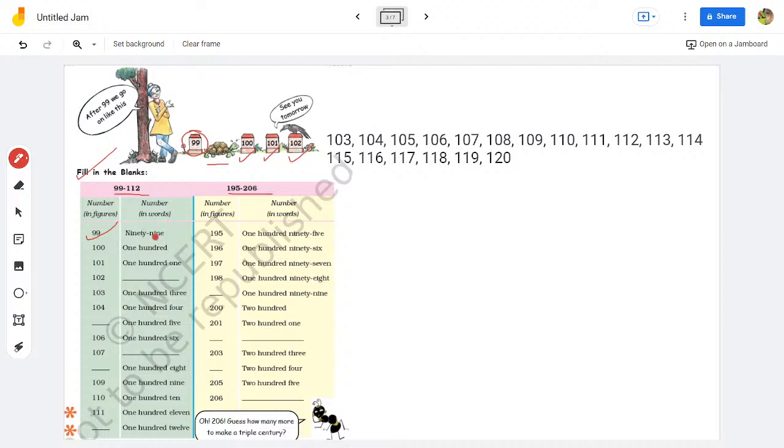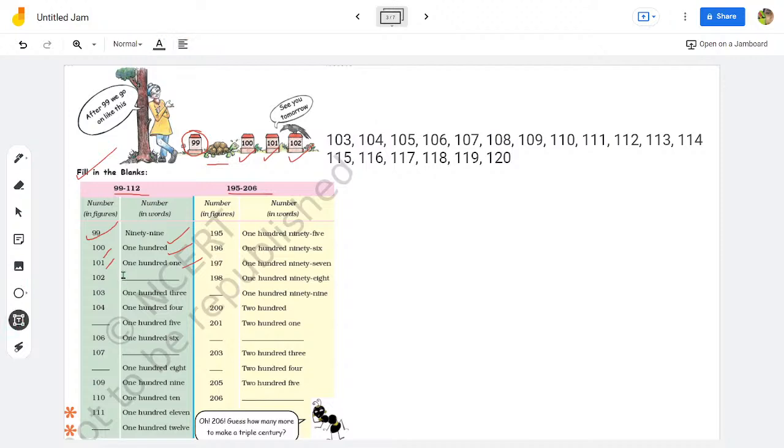So can you see how that's written in words? N-I-N-E-T-Y, N-I-N-E, 99. The second one is 100, O-N-E, 1, and 100, H-U-N-D-R-E-D. The next one is 101. Now we have to fill in the next one.